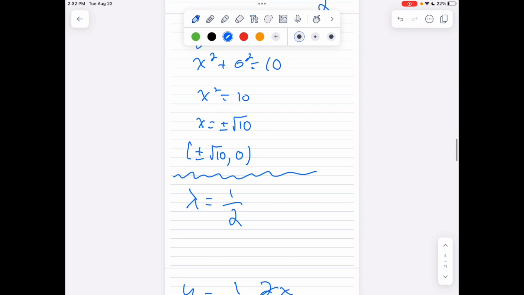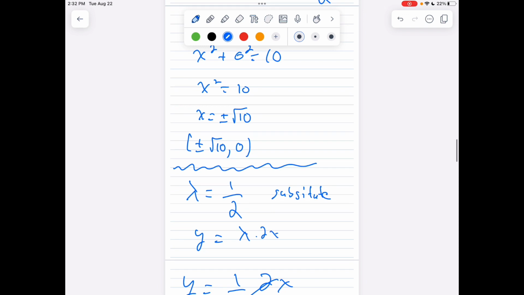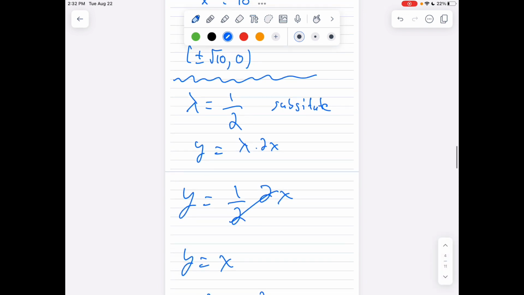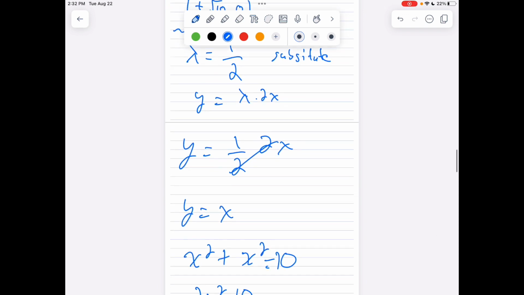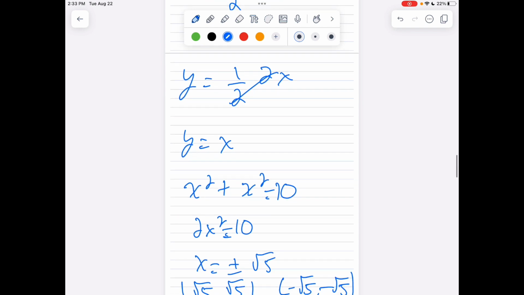And I can do the same thing with lambda equals 1/2 and negative 1/2 in the sense of substitution. So if you take lambda equals 1/2 and substitute into y equals lambda times 2x, you would get 1/2 times 2x, so y equals x. I'm going to take y equals x and put that back into the constraint equation, x squared plus y squared is 10.